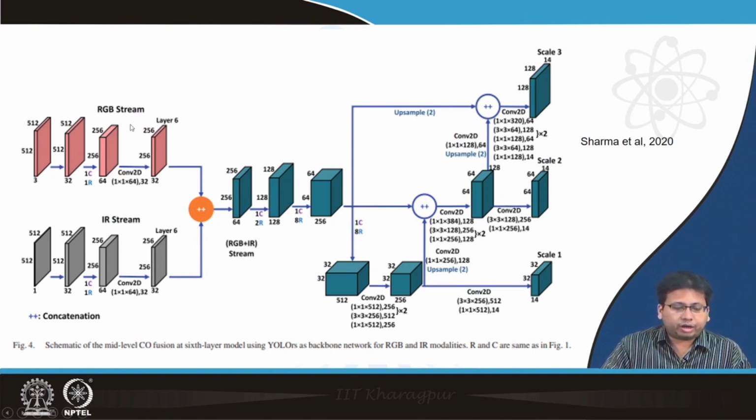And so, when we are doing this in a multimodal setting as they mentioned, let us say that there are two sources of image. There is an RGB image, that is a normal visual range image, and an infrared image. Both images are taken over the same region and are of the same size, in this case 512 cross 512.